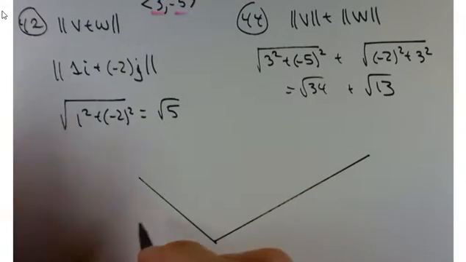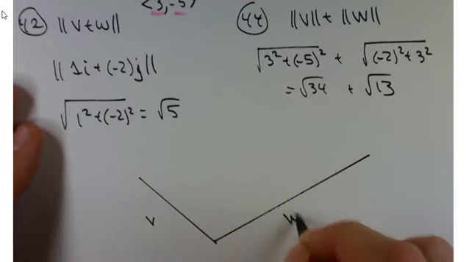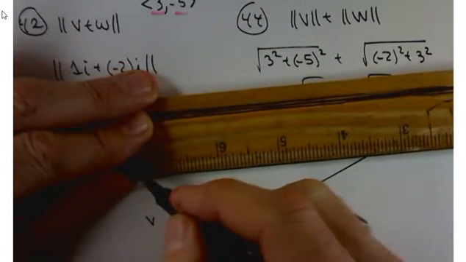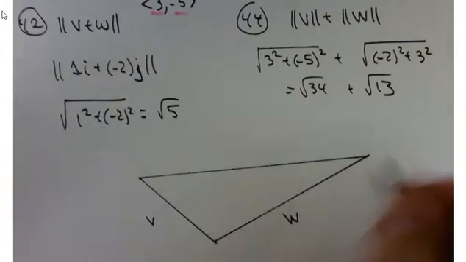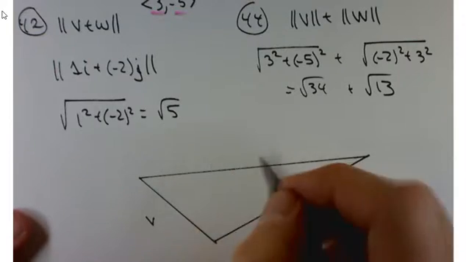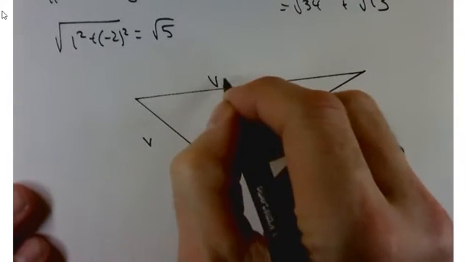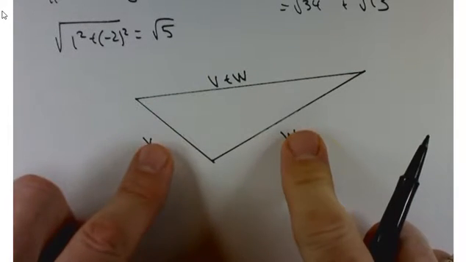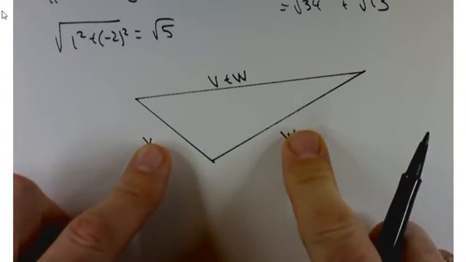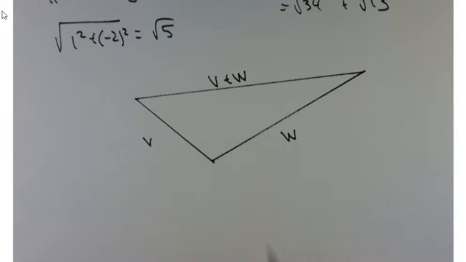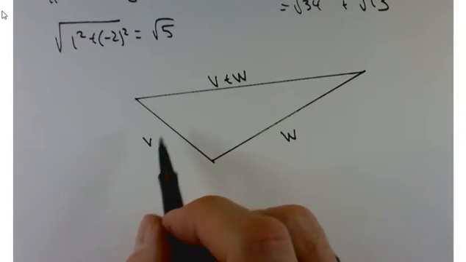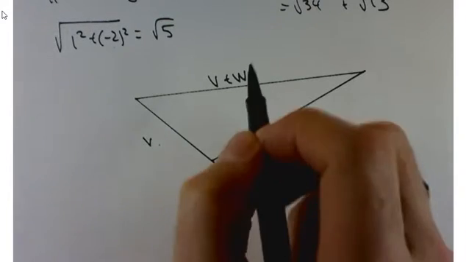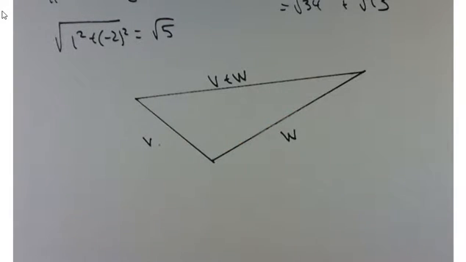So here's vector V, and here's vector W. What the triangle inequality is saying is this, and this is V plus W. It's the sum of adding those two together. I've drawn it to show a little bit of a triangle. When you add up any two sides of a triangle, they have to be longer than the third side. That's what's going on here.